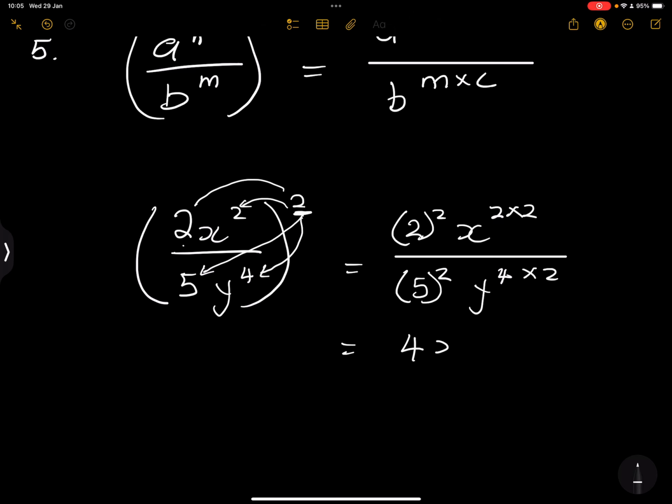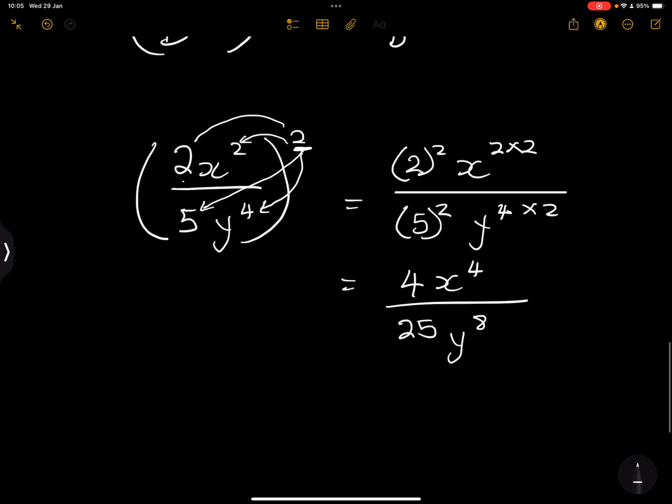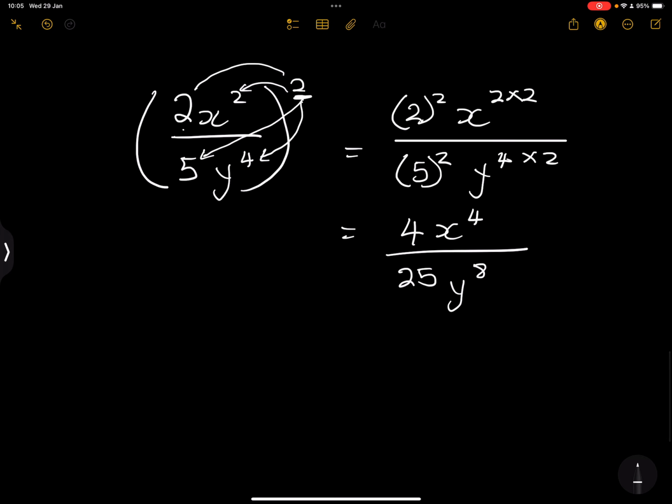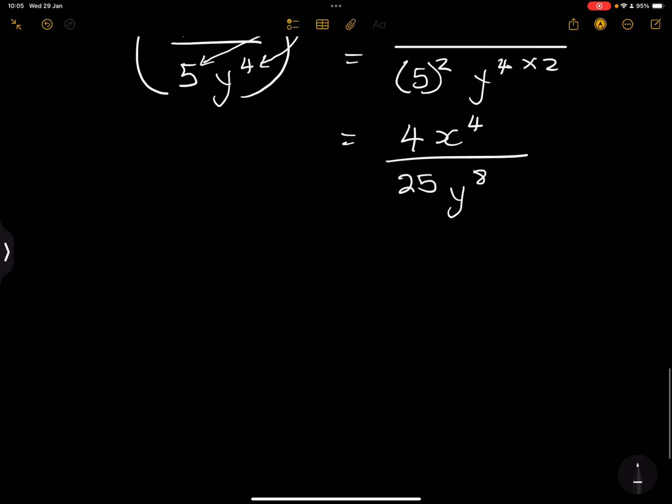That will be 4x to the power of 4, and this will be 25, 5 squared is 25, y raised to the power of 8. So keep this in mind. Ladies and gents, that is it in terms of the laws. But now let's look at the definitions. We're going to look at just a few definitions and how to actually apply them.